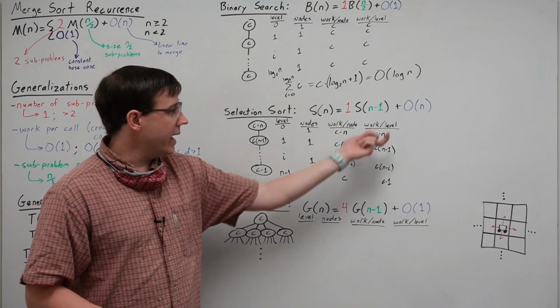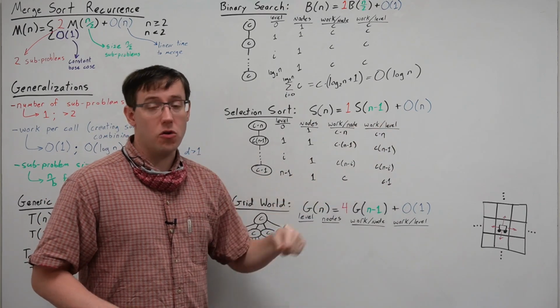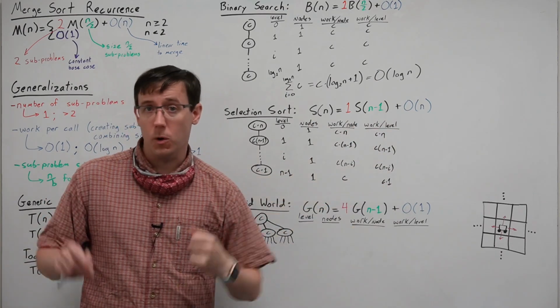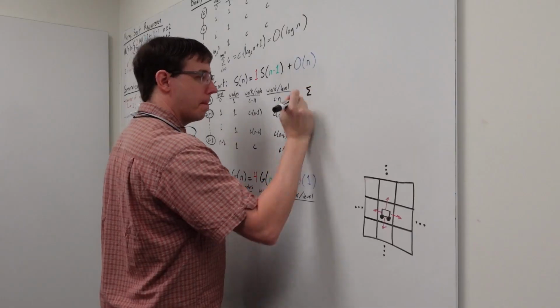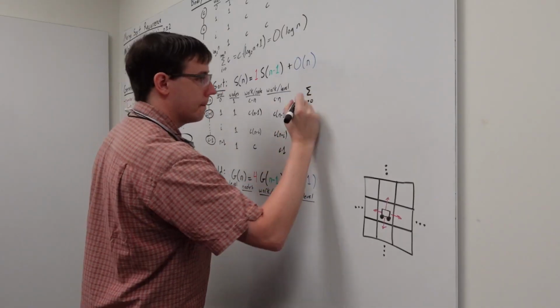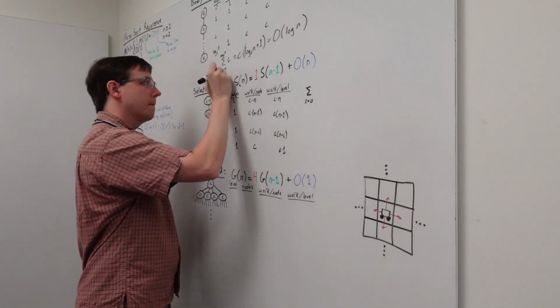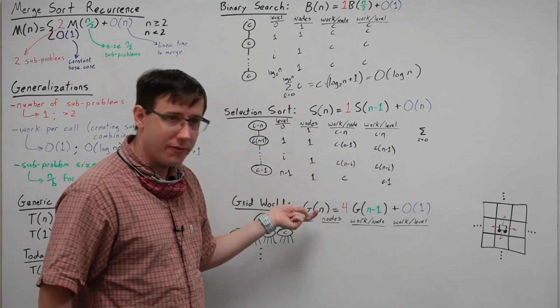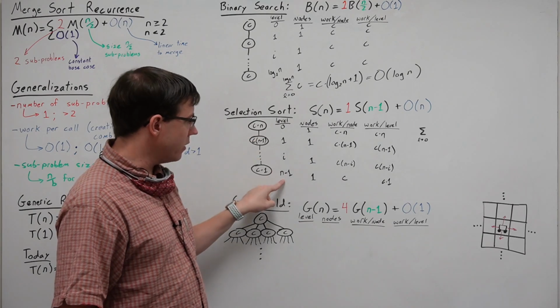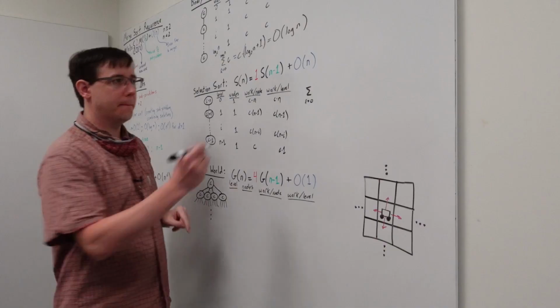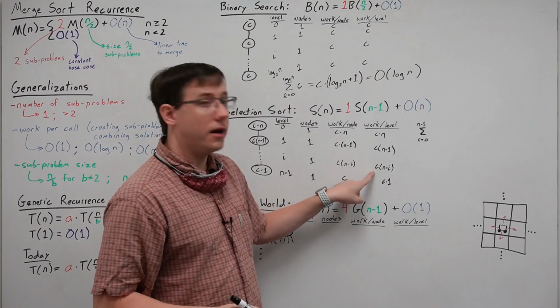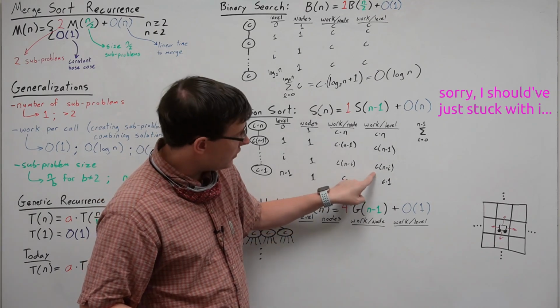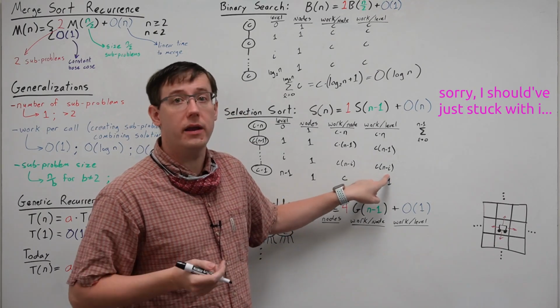Now again, we add up the work across all of the levels to get the total work done by the algorithm. Our index variable, which I'm now calling i to correspond to level, starts at 0 and goes up to n-1. And on level i, we do c times n-i total work.